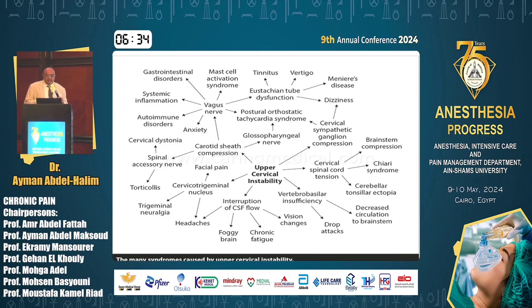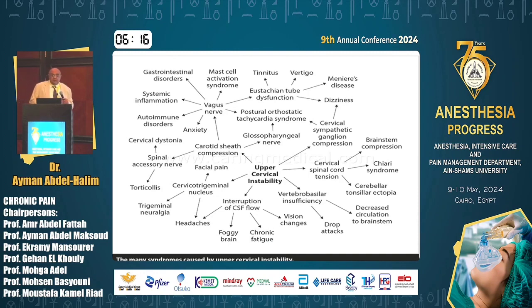For example, when you have cervical instability, you affect the vagus and the autonomic chain in front of the cervical vertebrae, and it can also affect your vertebral vessels.